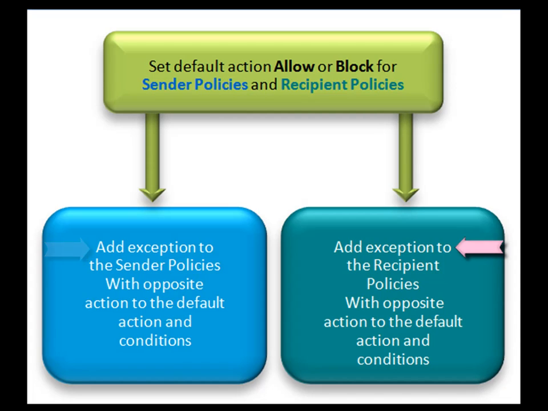These exceptions have an associated action and conditions for exceptions. Action to be taken in exception will be opposite to the default action. If the default action for sender or recipient policy is allow, then action to be taken in exception will be block, and vice versa.